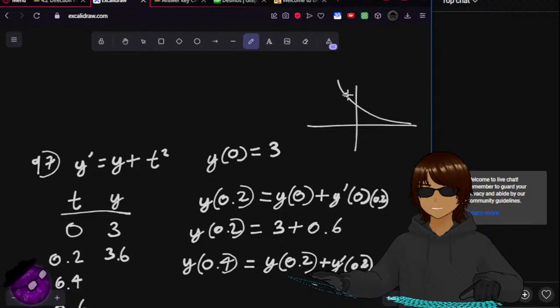Taking this derivative, this is the new point, taking the difference in x, multiplying it with the derivative at this point, and then getting the approximate value here.